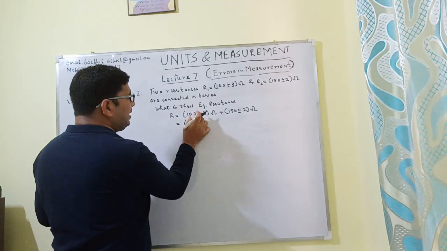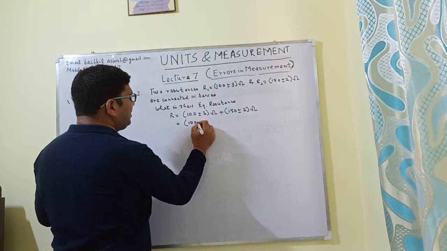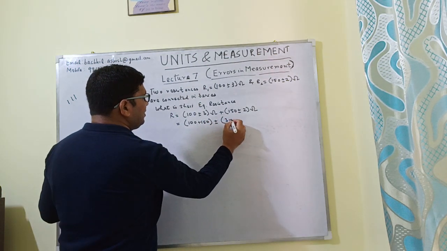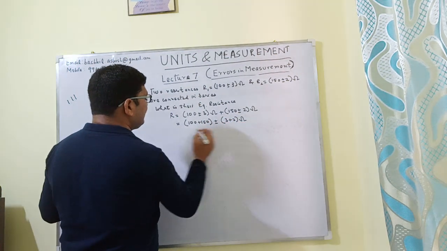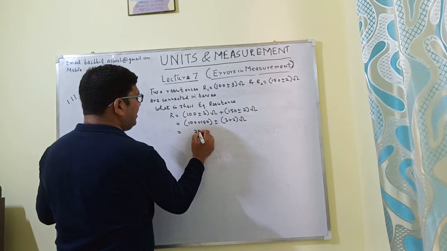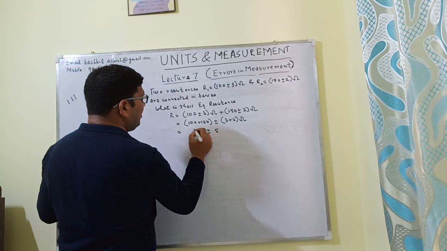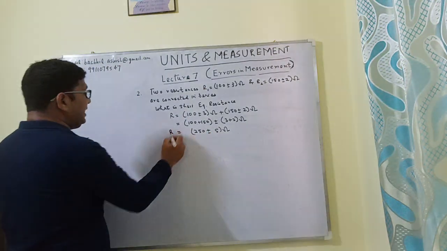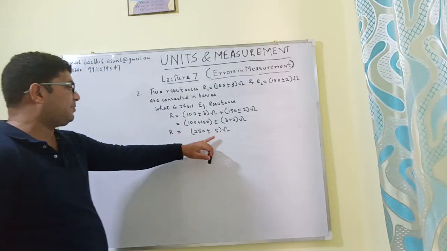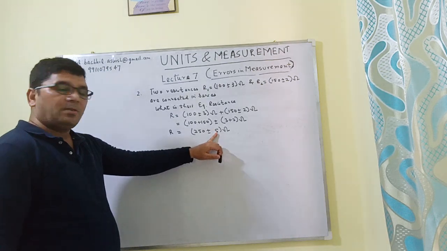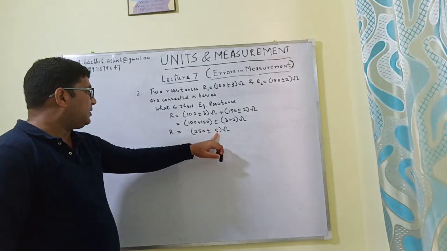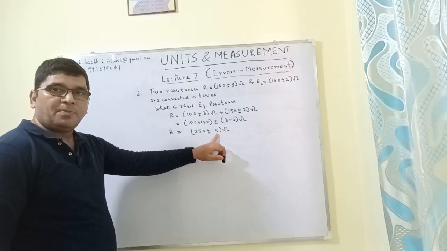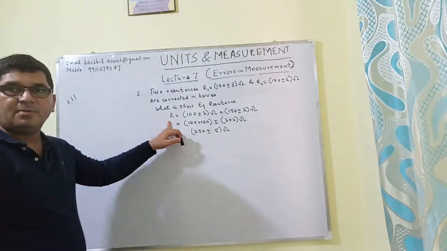So we will club both these two, that is 100 plus 150 will be written here, and then plus minus 3 plus 2 ohm. Now this is equal to 250 plus minus 5 ohms. Again, so the equivalent resistance will be equal to 250 plus minus 5 ohm, where 5 ohm is the maximum possible error in the measurement of R.